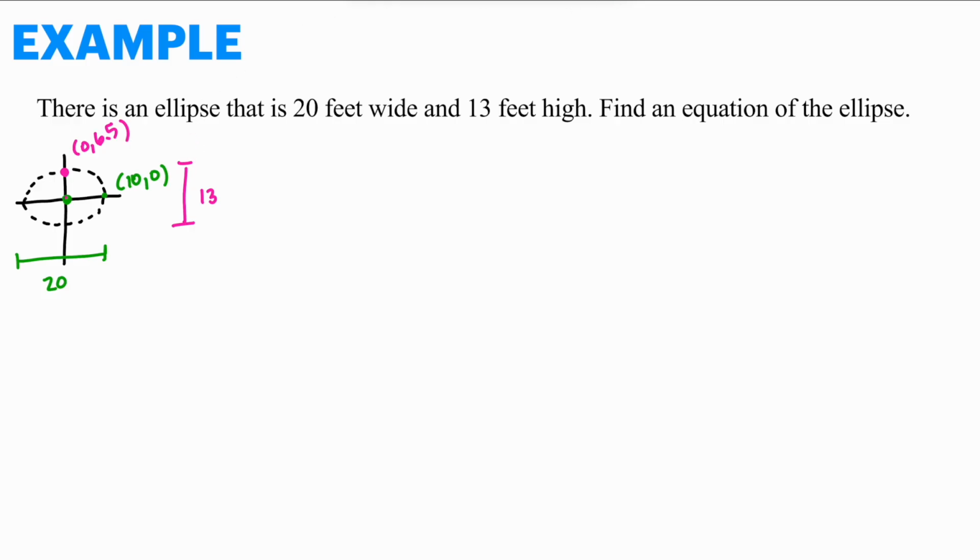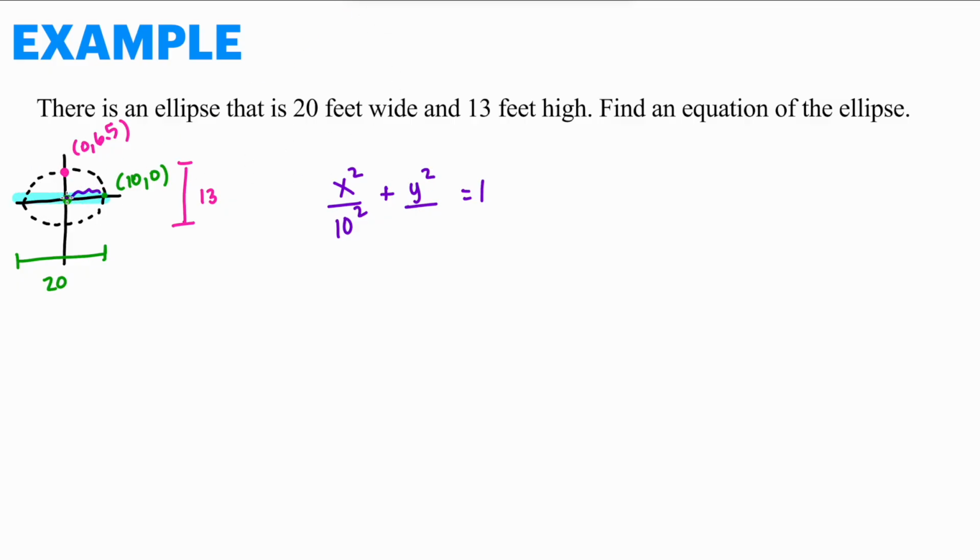So now I can write my equation. This is a horizontal ellipse. So therefore, my vertex is going to be 10 squared, and it's going to go under the x because it's along the x-axis.